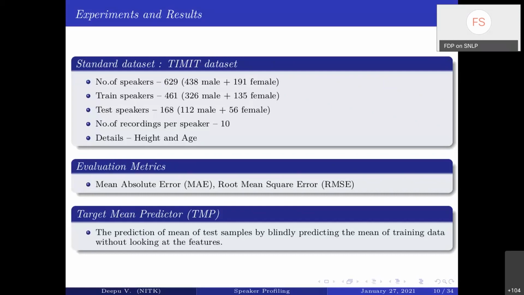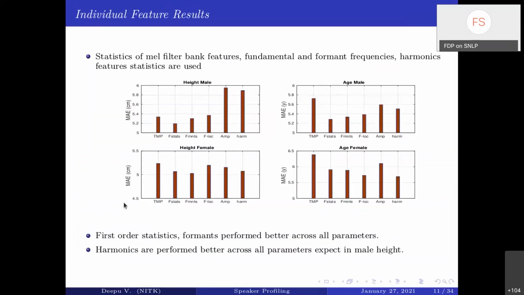Remember, this is about predicting the height and age from the speech, right? So we need to see how much we can get without using speech, and how much on top of that we are able to reduce by using all these machine learning methods. So those are the two things which I wanted to emphasize.